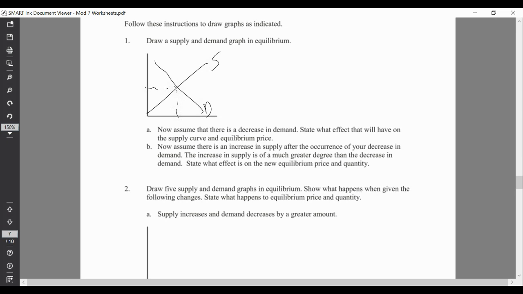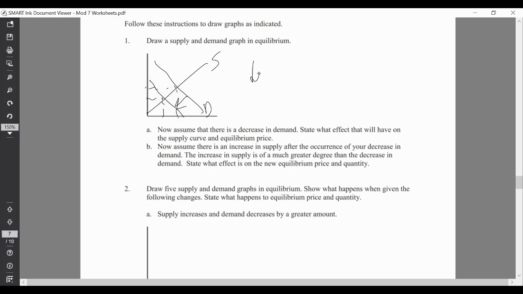All right, so we did that. Draw a supply and demand curve in equilibrium. Did that. Now assume that there is a decrease in demand. What effect will that have on the supply curve? If we have a decrease in demand, we will see that the price will fall.